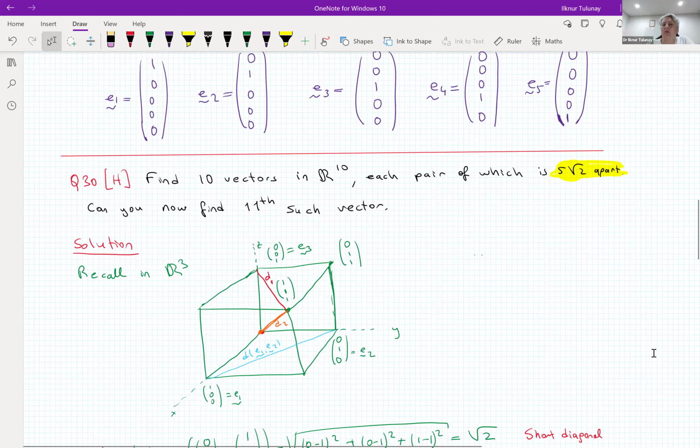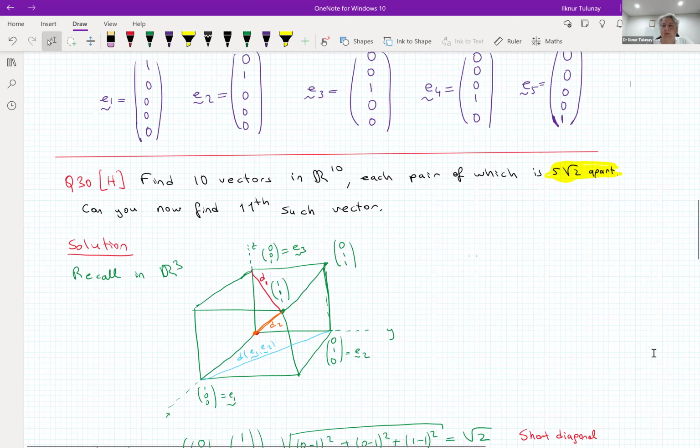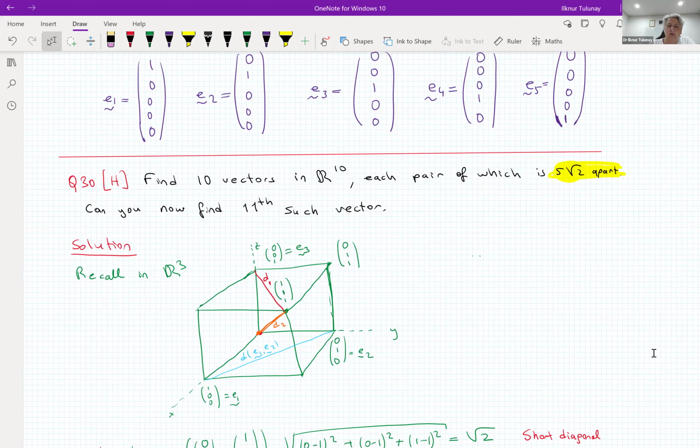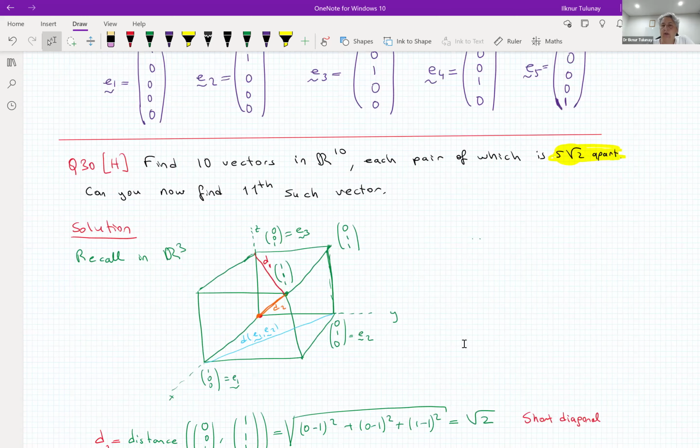Now, in this question, we would like to find 10 vectors in R10, each pair of which is 5 root 2 apart, which means the distance between each pair of vectors is 5 root 2. And we would like to find the 11th vector or more.